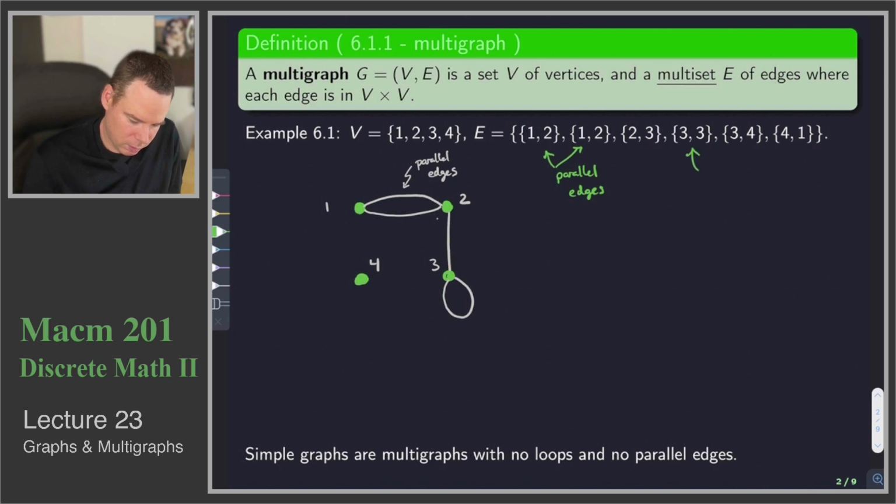So we call that a loop. These are really the only two different things we have in a multigraph that we didn't already have in a graph. So with multigraphs, we are allowed to have parallel edges, and we're also allowed to have loops. So that's what distinguishes a multigraph from just a plain old simple graph. We also have an edge from 3 to 4 and an edge between 4 and 1. And I'll label this one here. This is a loop.